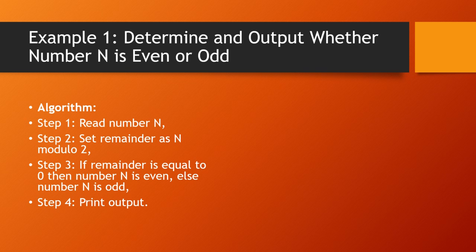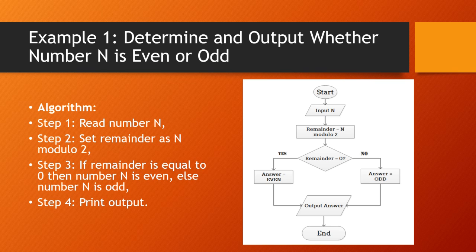So to visualize this algorithm in the form of a flowchart, this is what it looks like. So you have the start symbol, and then the input, which in this case is the number n, and then you have the process, which is the remainder is equal to n modulo 2, and if the remainder is equal to 0, which is inside the decision box, if it's a yes, then it's even.